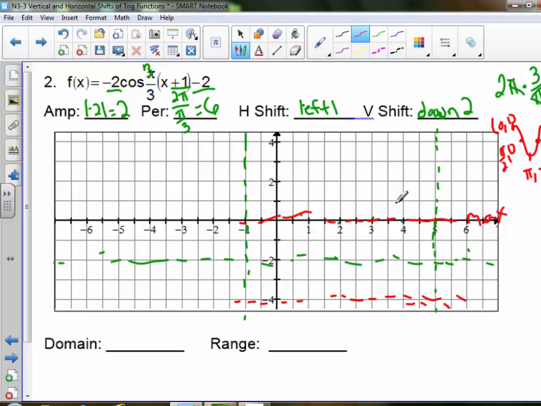Okay, so because cosine originally began at 1 and went down to -1, we have this negative here, right? So the negative tells us we're going to start down. So we're at our minimum point of -4, and then we're going to go up to our maximum point.